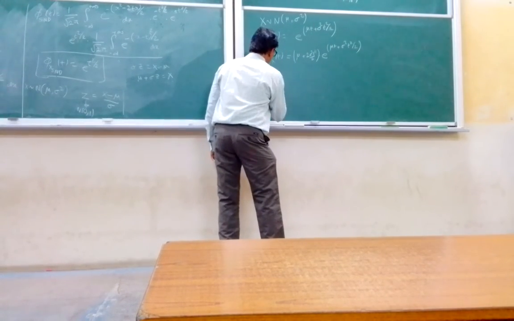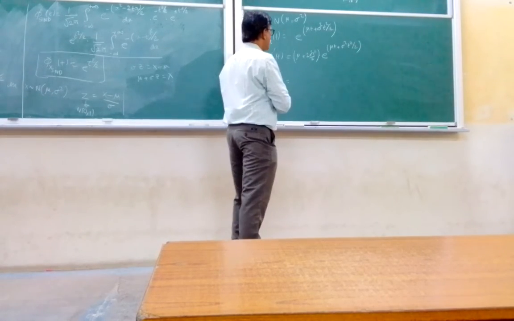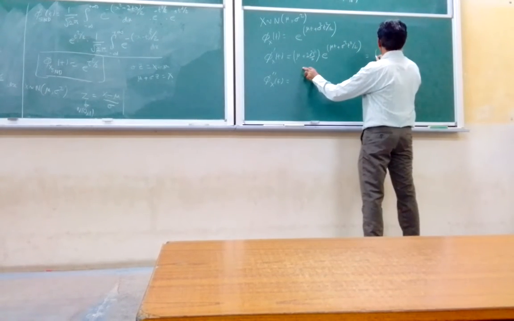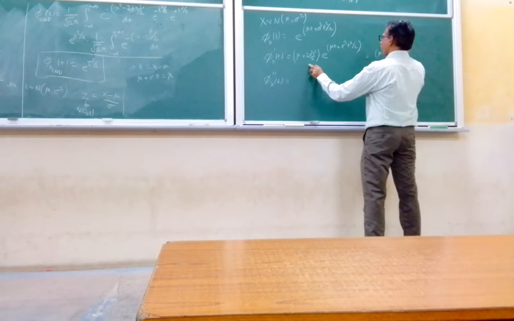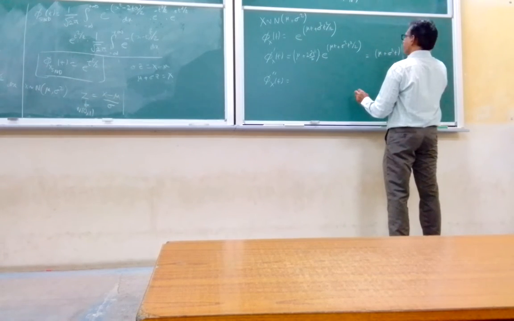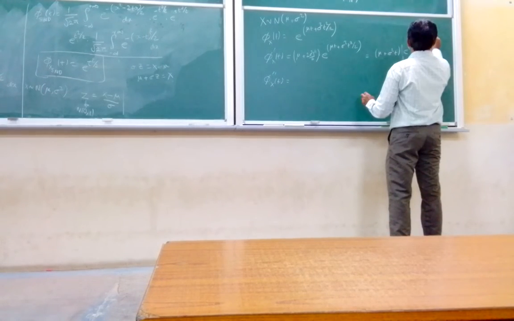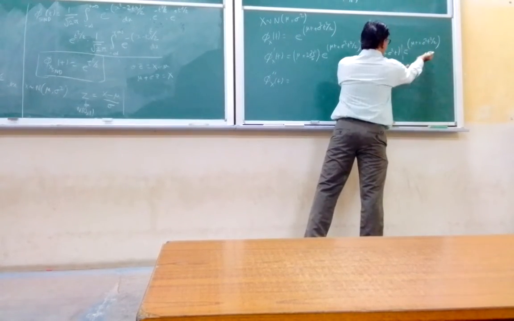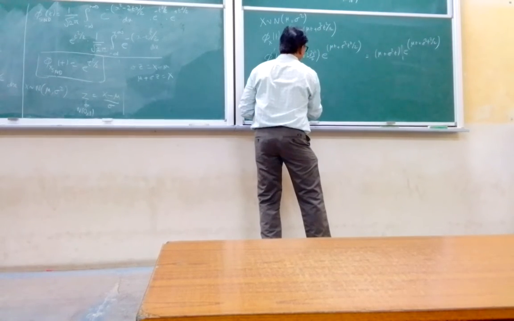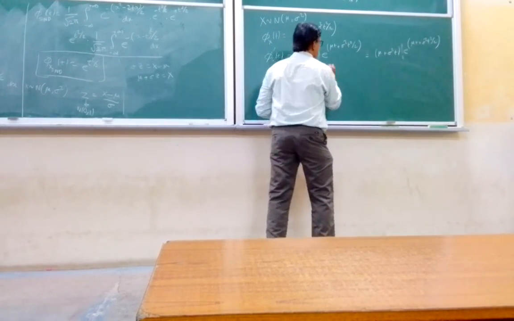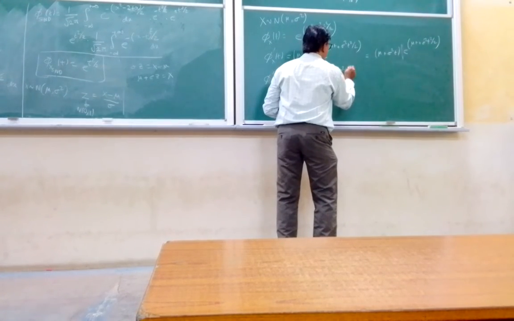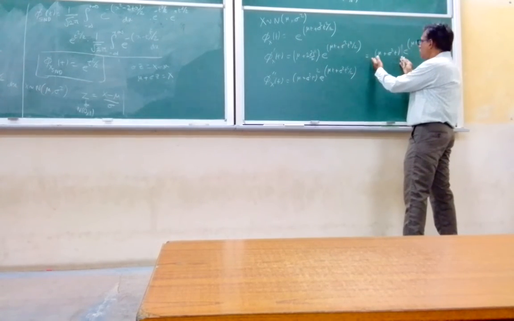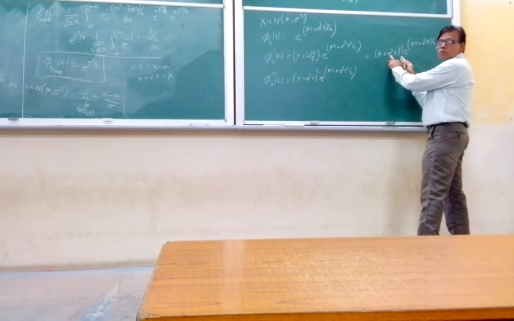And if you differentiate it twice, keeping this constant, you will get another term, and differentiating once with respect to t, this goes away and here you will have only sigma squared.